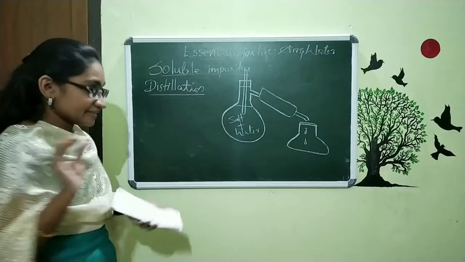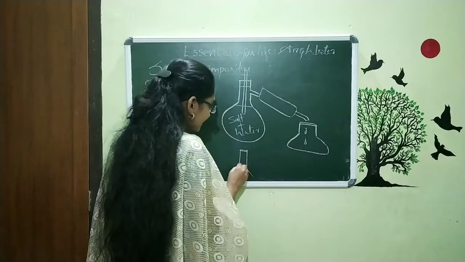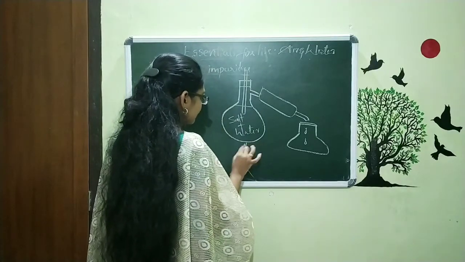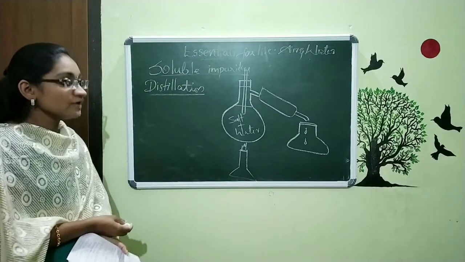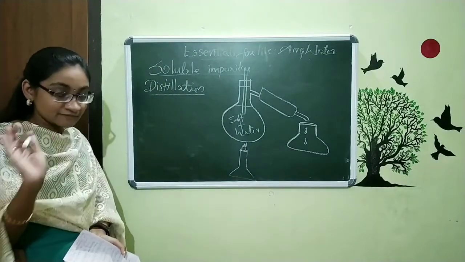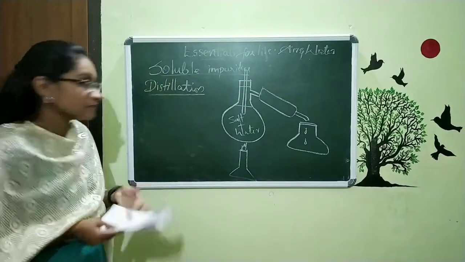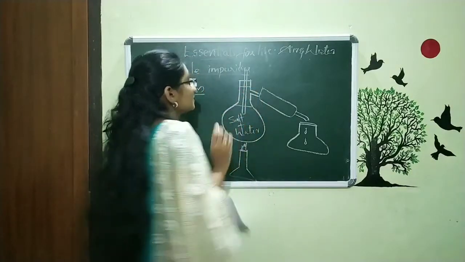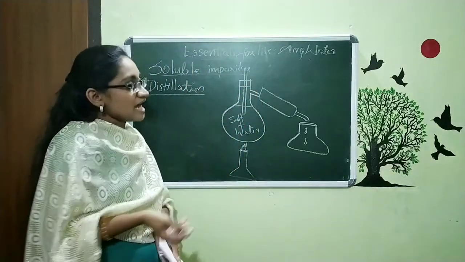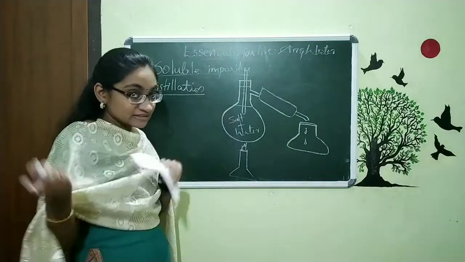Simply we can say it like this. Here we are heating this mixture. It is salt plus water, that is, salt solution. When we heat the salt solution, what happens? It gets evaporated. After some time it starts boiling and then converts to steam.